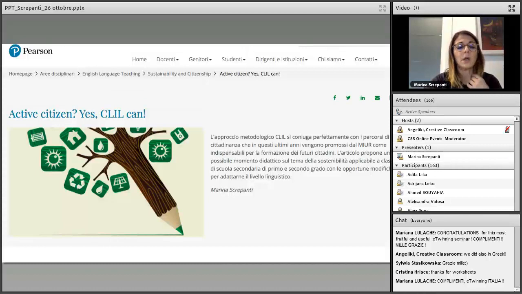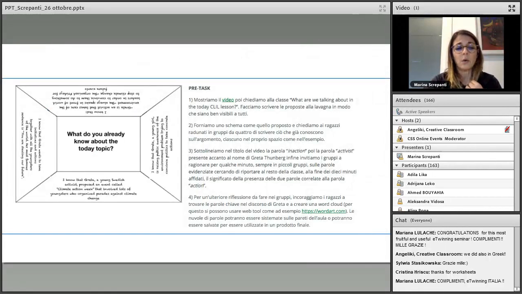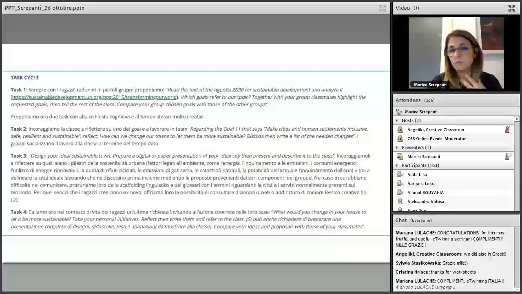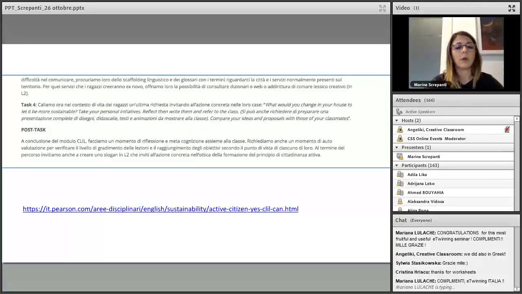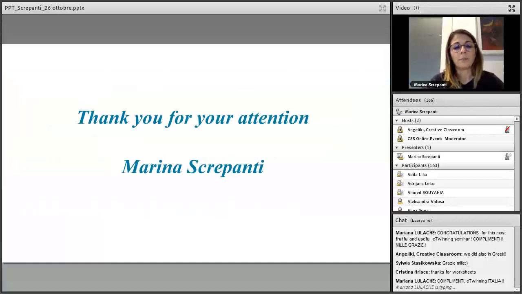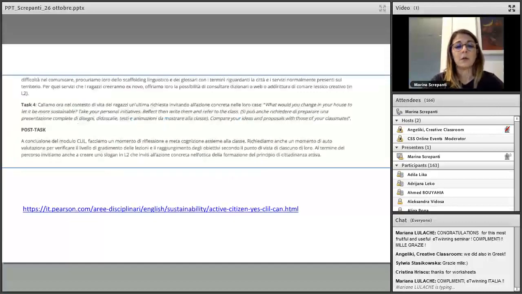For Pearson, one is called Active Citizen, Yes CLIL Can, with a lesson about the citizenship. Okay, it's completely different from what you find here. And then yes, you can find something also in this one.